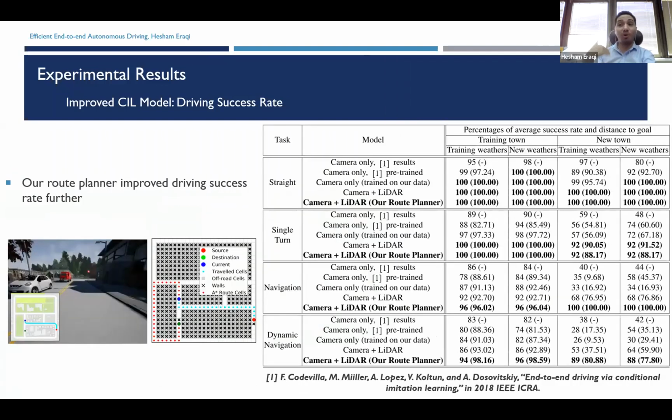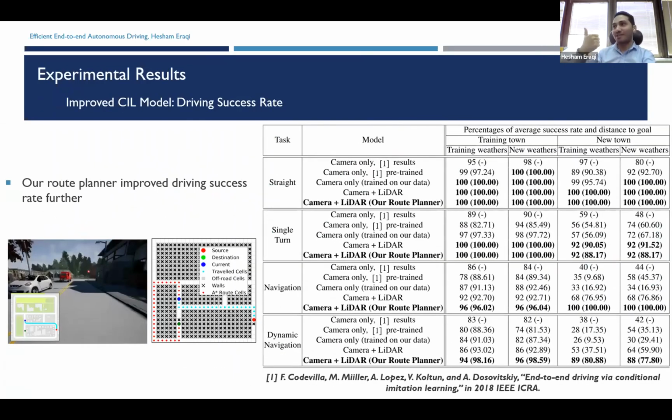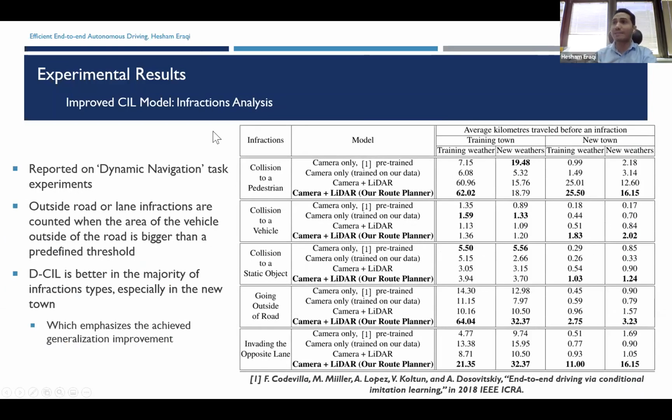And relying on a more efficient route planner, compared to the route planner that was used in the original conditional imitation learning work, can further improve the performance. And this is not only about the success rate of the different experiments, because the Carla Autonomous Driving Challenge benchmark has several tasks and several weather conditions, and it measures the success rate on these tasks, but it also provides infractions analysis.